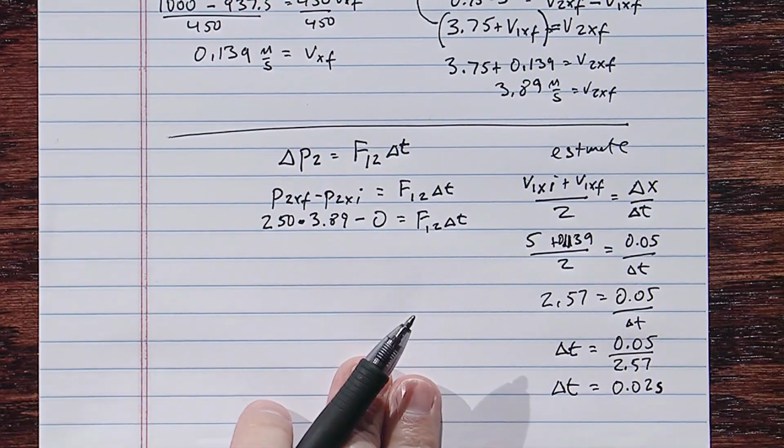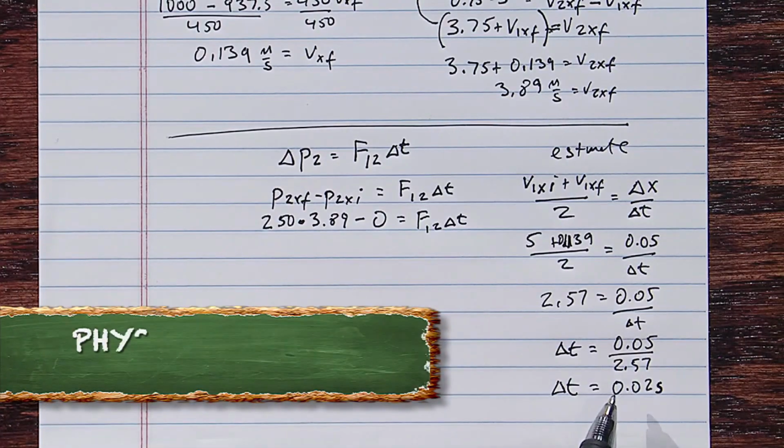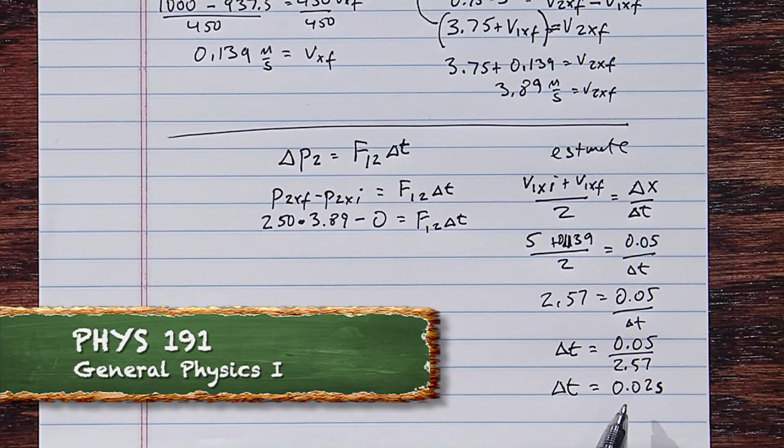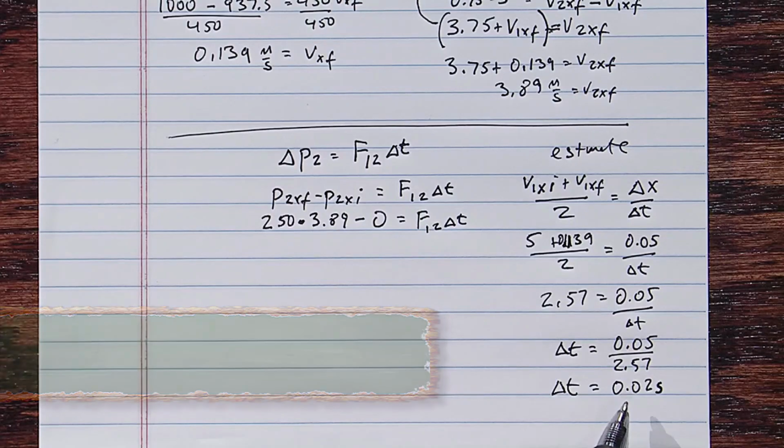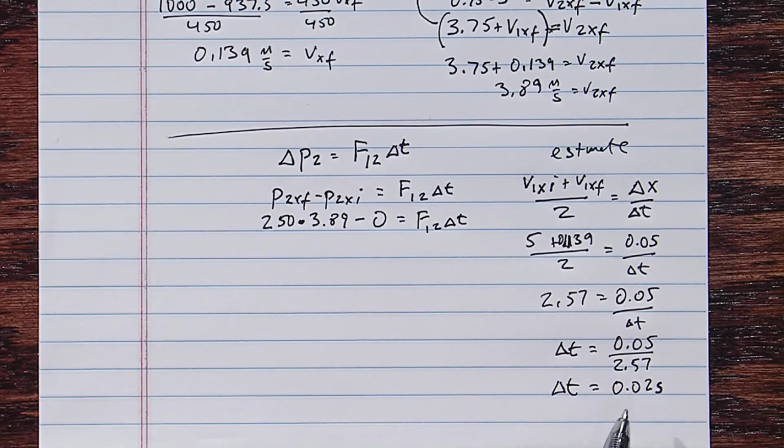So in this way we've estimated, and this is just an estimate, that the collision between the bumper cars took place in 0.02 of a second. It seems reasonable. It's a quick jolt between the cars.